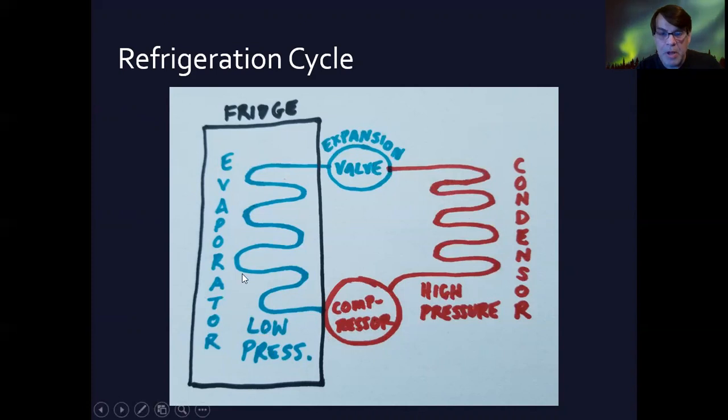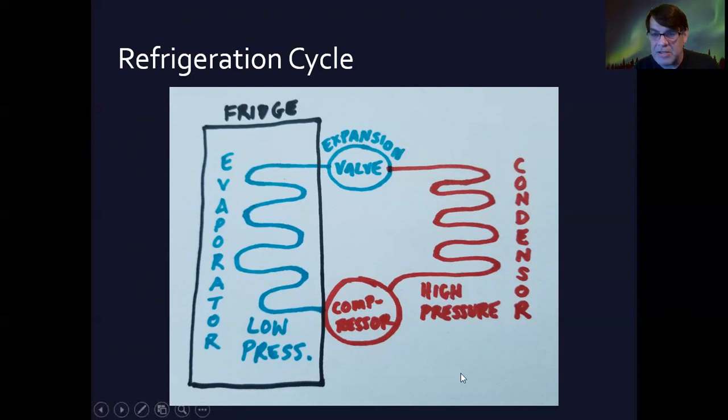The compressor pulls it out of, say, the fridge or the room if it's an air conditioner, and it compresses it. It makes it go to high pressure. And of course, as pressure goes up, pressure and temperature are proportional. So as the pressure goes up, the temperature goes up, and the volume goes down.